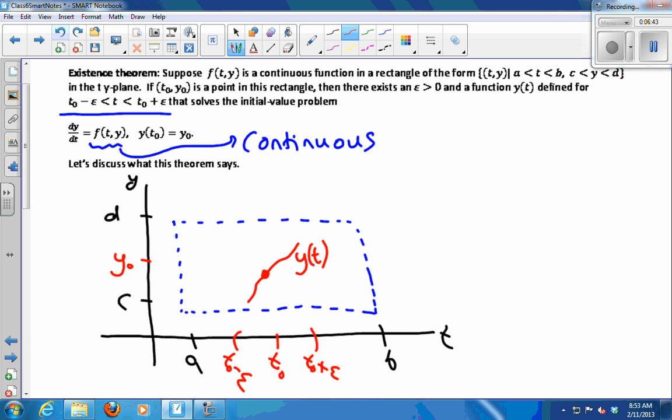It might not go on forever, but there is at least some function in a small interval that satisfies the initial value problem. Okay, so the hypothesis is that the right-hand side of the differential equation is continuous, right? The conclusion is that a solution exists. It might be in a small interval, but it exists.